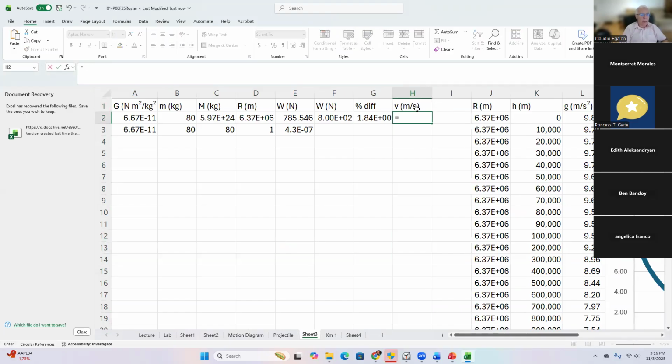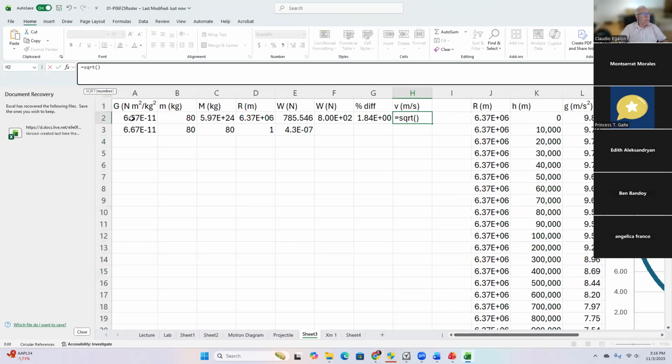It's going to be the square root of G times the mass of the Earth divided by the distance of the satellite from the center of the Earth. And the distance of the satellite from the center of the Earth is going to be the radius of the Earth plus 400 kilometers, which is 400,000 meters.